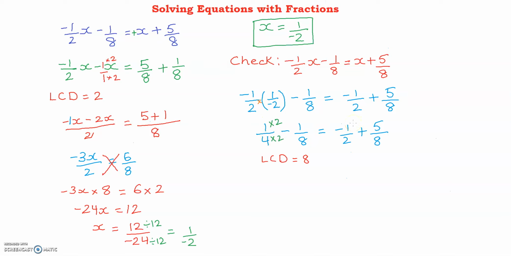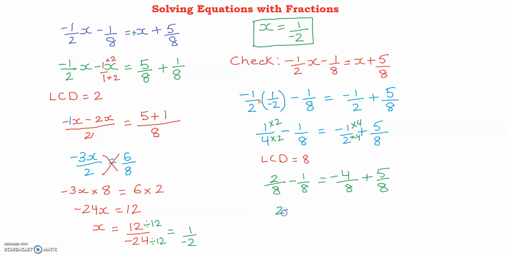And in order to make the denominator 8, I have to multiply this by 4 and this by 4. So 2 times 1 is 2, and the denominator is 8. Negative 1 times 4 is negative 4 over 8 plus 5 over 8.